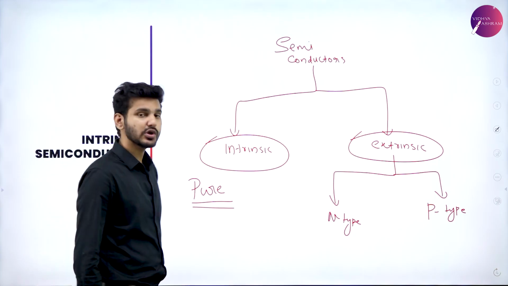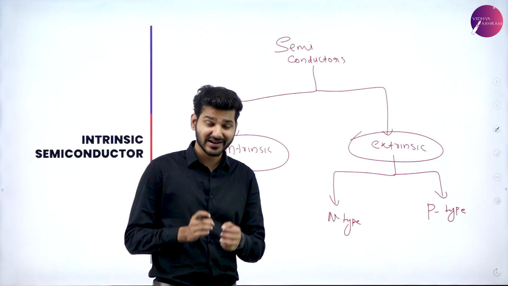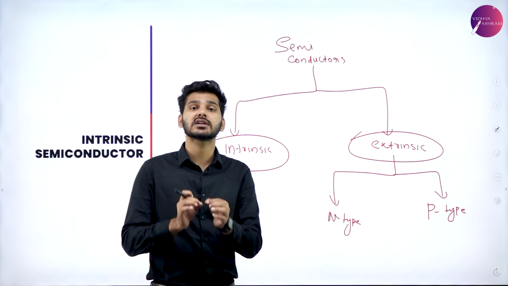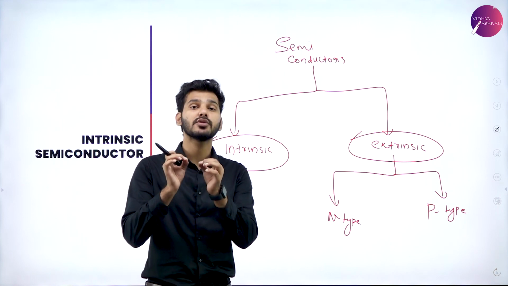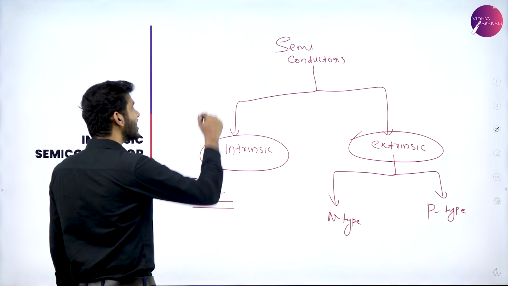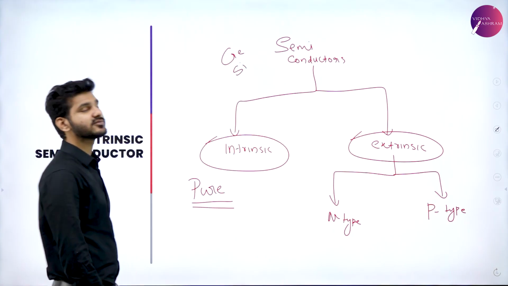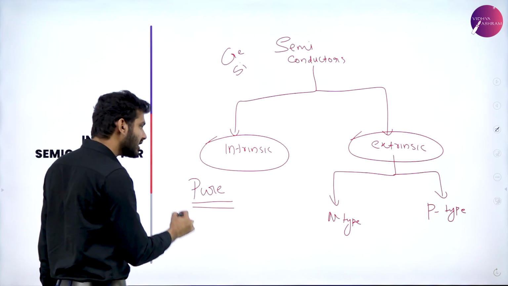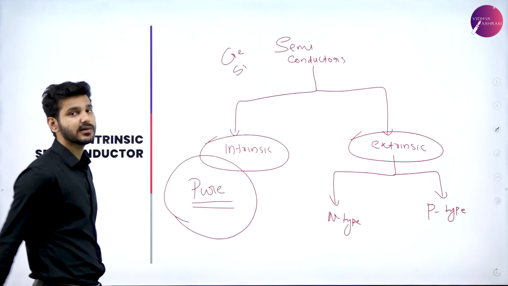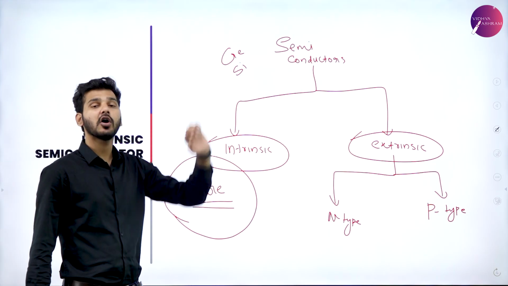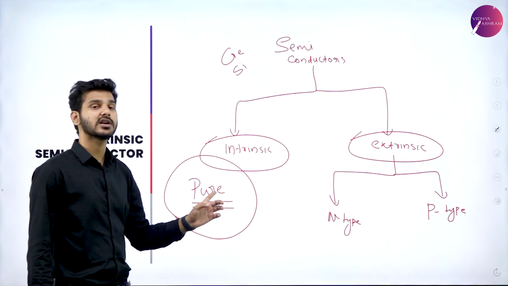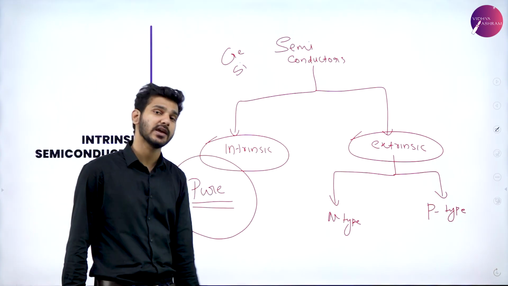That is, they do not have any other material other than the pure semiconductor material they are made with. If you are using germanium or silicon, the entirety of the semiconductor will be made out of germanium or silicon. That kind of semiconductor is known as an intrinsic semiconductor.